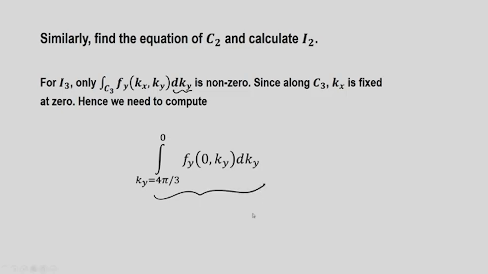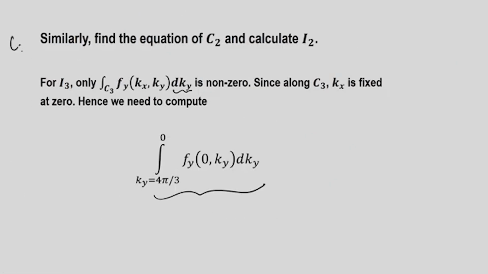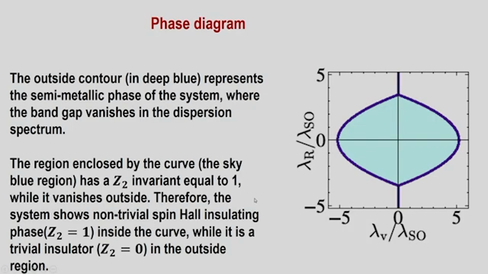So, we need to only calculate this. Now you calculate over this C1 contour, this C2 contour, and this C3 contour, and then you add the integrals over C1 plus C2 plus C3, and that should give you a topological invariant. And this is exactly the plot that one gets from this.